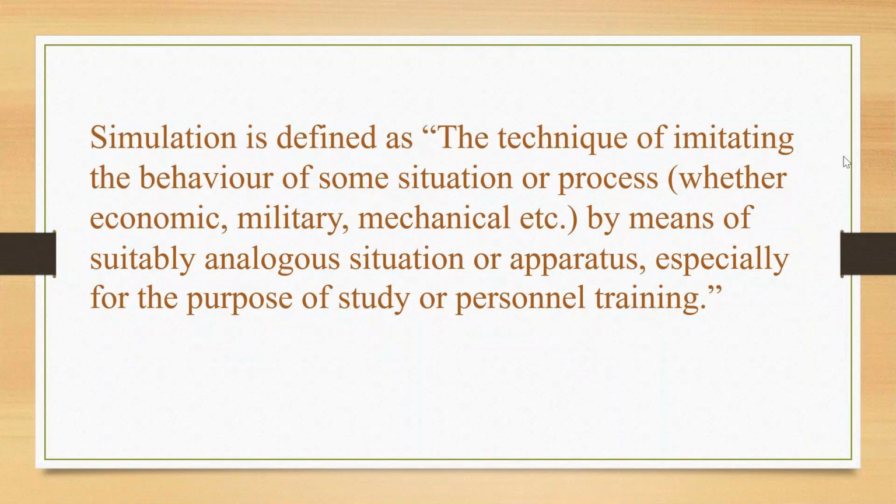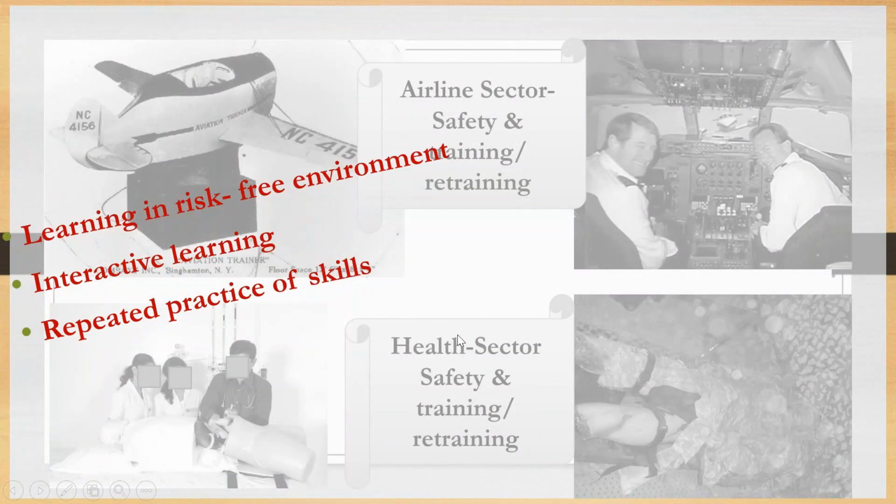We look at these components: imitating the behavior of some situations or processes, whether economic, military, or mechanical, by means of suitably analogous situations or operators, that is simulation, especially for the purpose of study or personal training. Going forward, in healthcare we can learn in a risk-free environment if we have simulations.